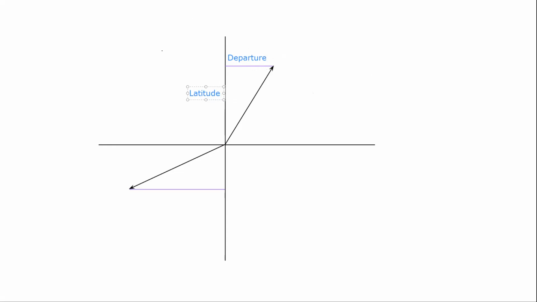Can't rotate that. Anyway, just leave it like that, I guess. So the north-south distance is latitude, the east-west distance is departure.